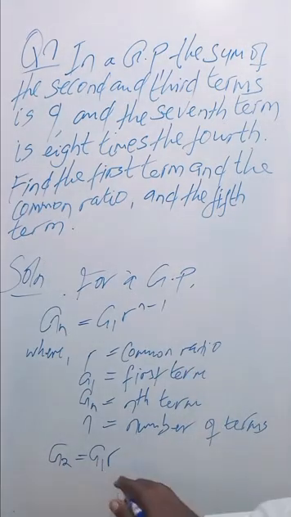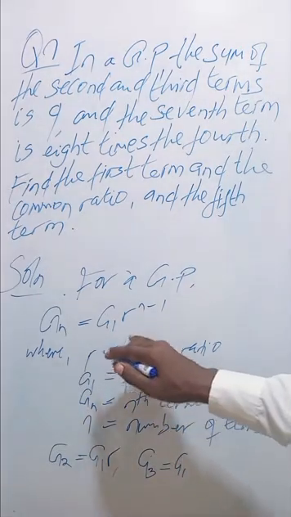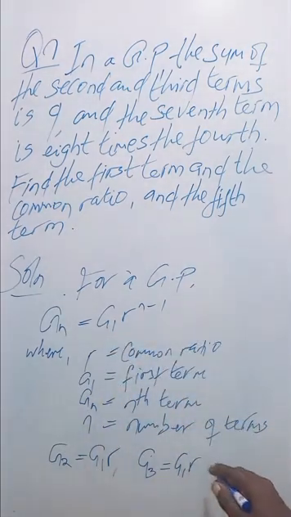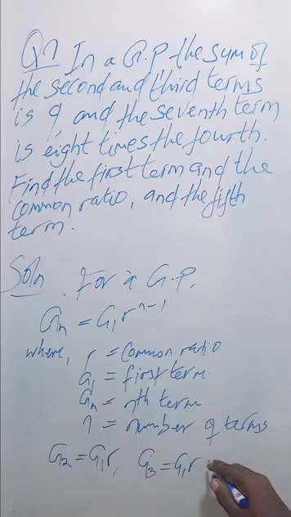Then the third term, this is G3. G3, according to this formula, is G1 times R, put here 3 minus 1, you get 2.